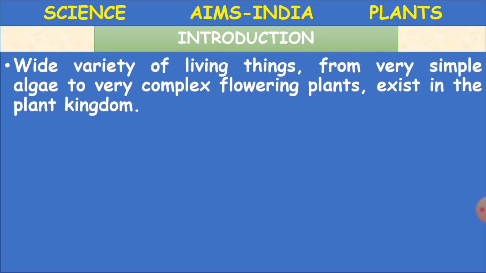A wide variety of living things, from very simple algae to very complex flowering plants, exist in the plant kingdom. Yes or no?